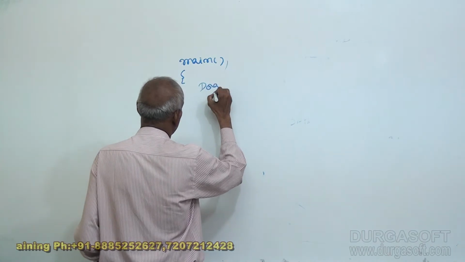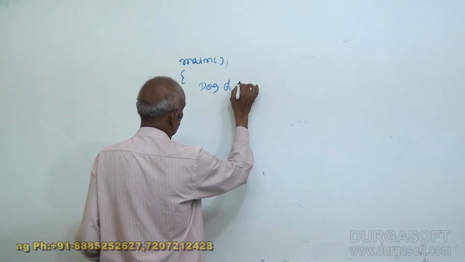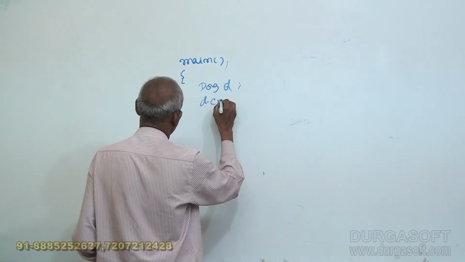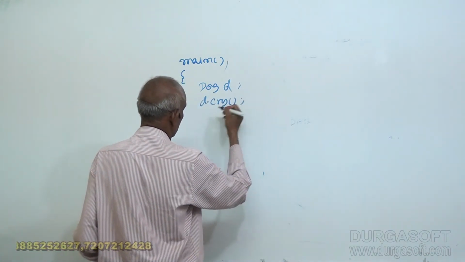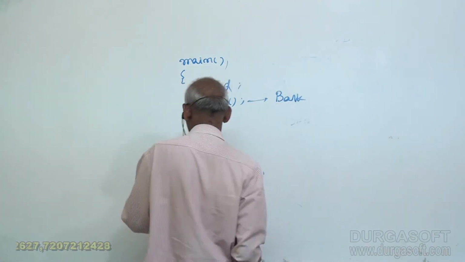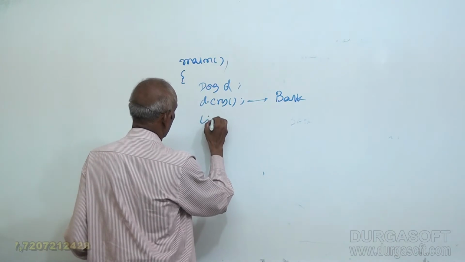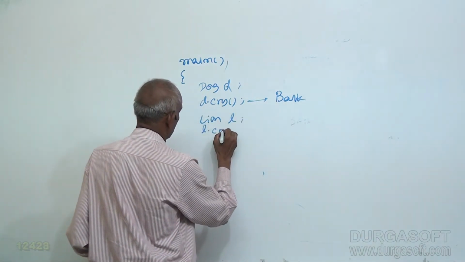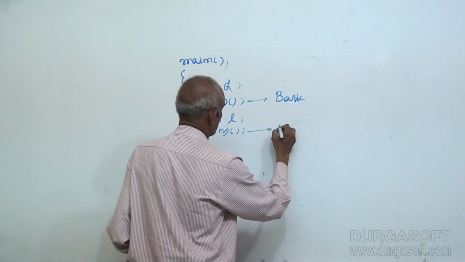So Dog D. Then call D dot cry, it will display bark. This is the dog's cry. Similarly, Lion L, L dot cry. It will display roar.